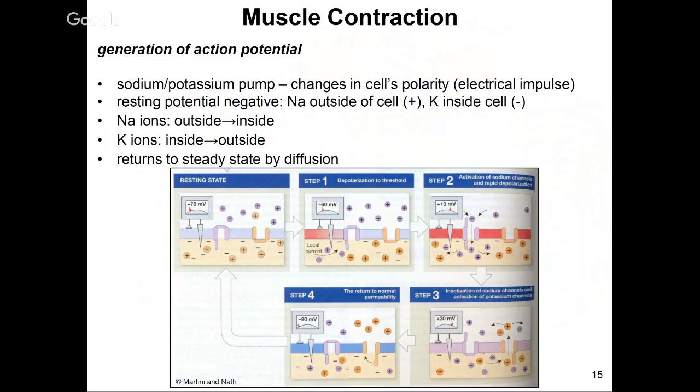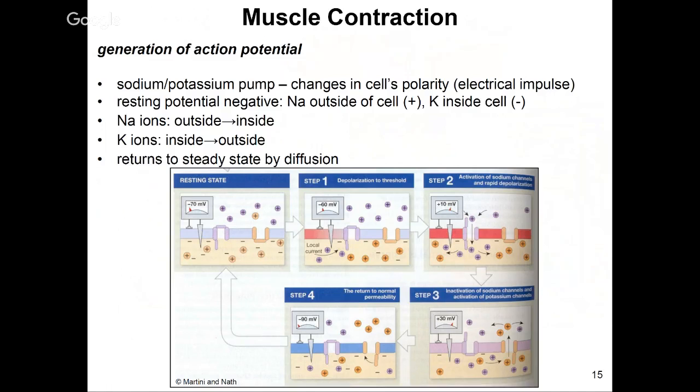And for that wave to start, you can see the red. So in step one, depolarization, you can see that a wave is coming in from further up the neuron, and the potential is starting to change. The electrical difference between inside and outside is starting to change.